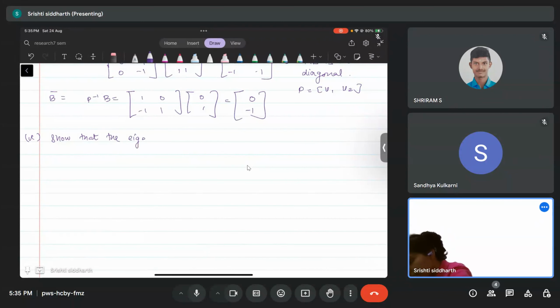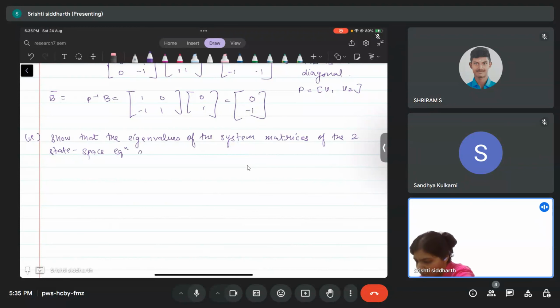Show that the eigenvalues of the system matrices of the two state space model equations are equal.